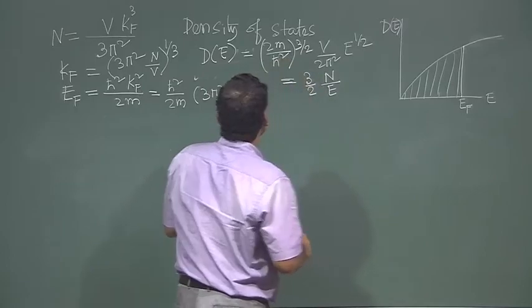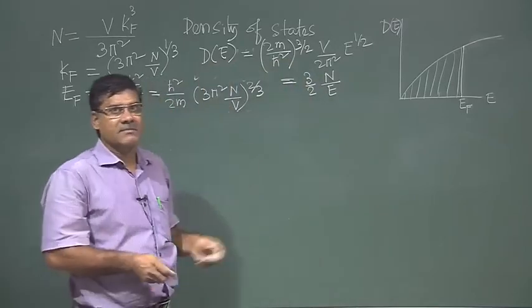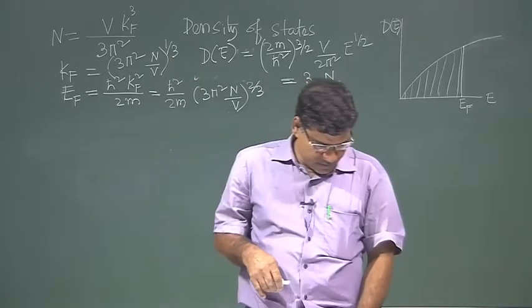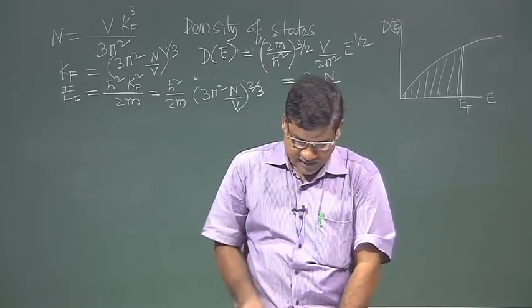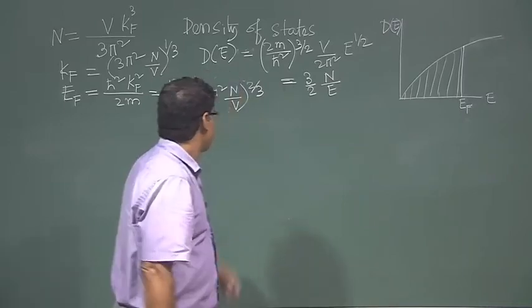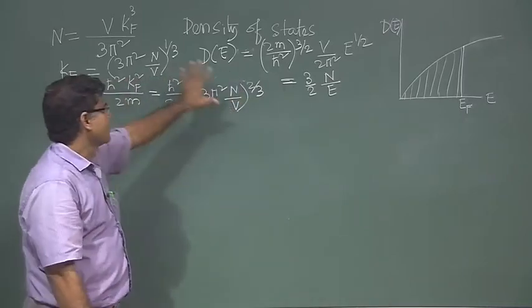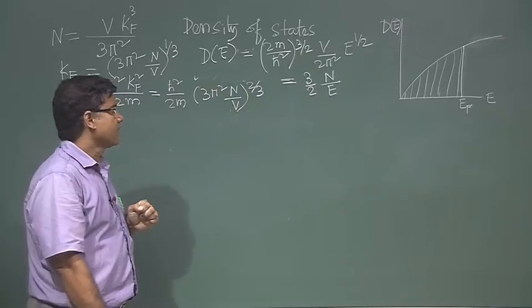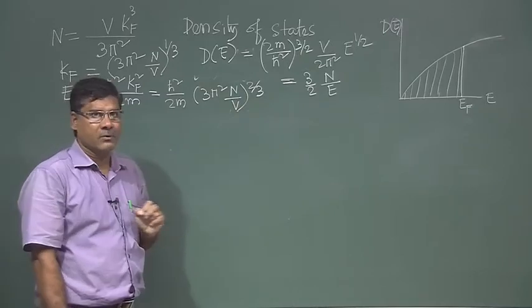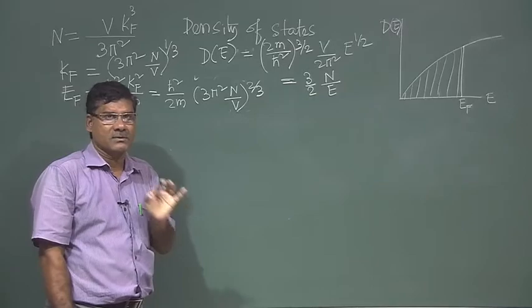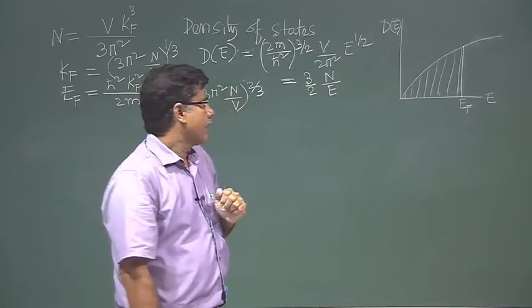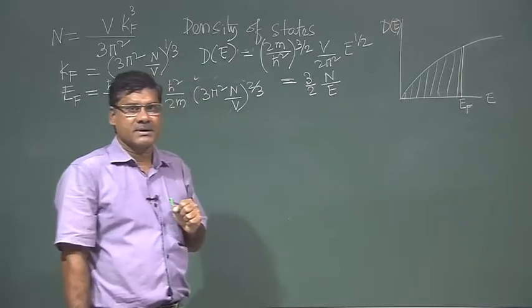Now this density of states expression is very useful for our different calculations. Whatever we have, the distribution of electrons in orbitals, is at T equal to 0, at absolute temperature, and it is in the ground state distribution.